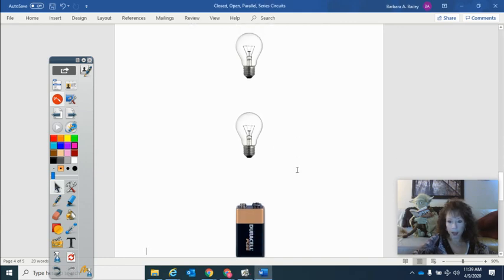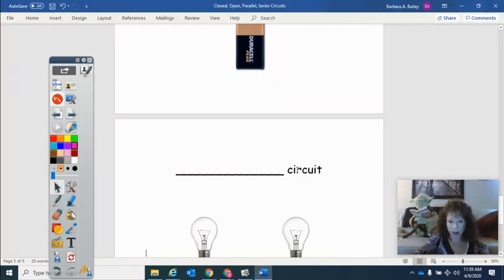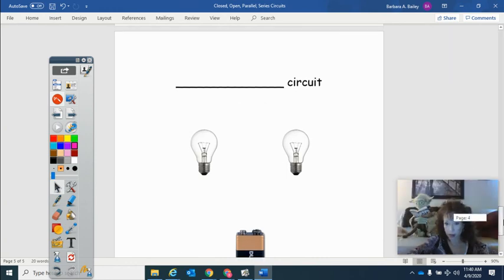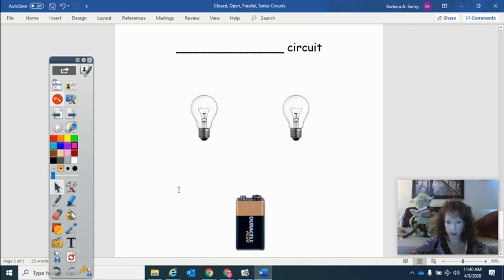And then the last one we're going to talk about is a series circuit. And so you should have noticed that the light bulbs are arranged a little bit differently in relationship to each other. This is called a series circuit.